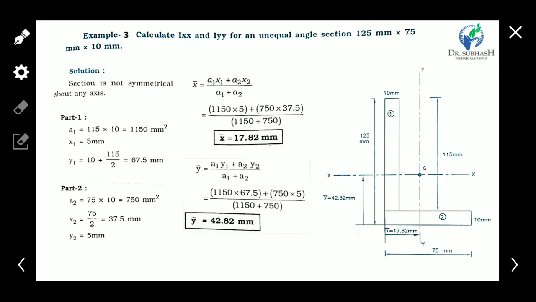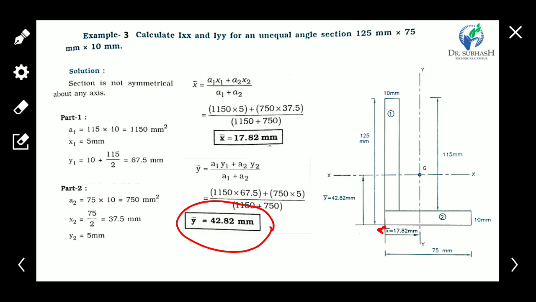Now the x bar and y bar equations have all the values: a1 x1 plus a2 x2 over a1 plus a2. Now put in all the values and we get x bar as 17.82 mm and y bar as 42.82 mm. Okay, so now we have the values of x bar and y bar, so we get the position of the CG about this reference point.